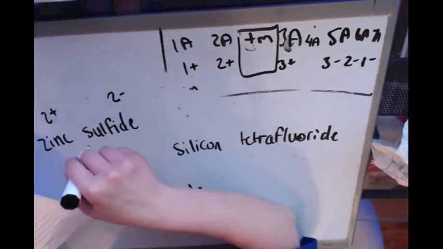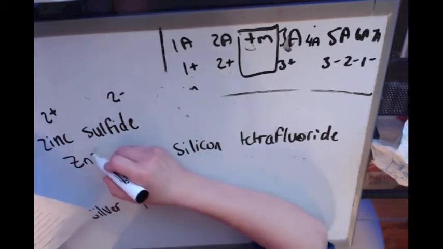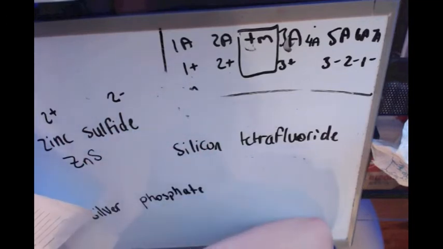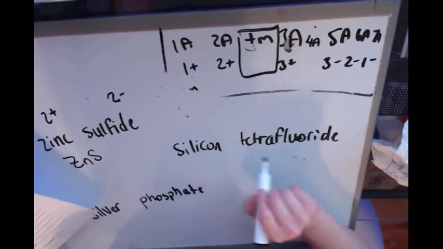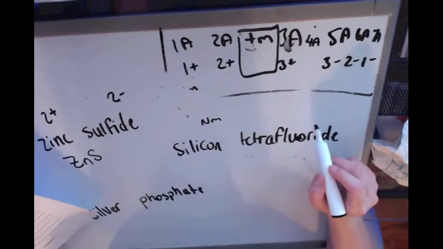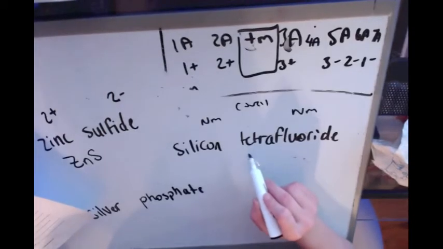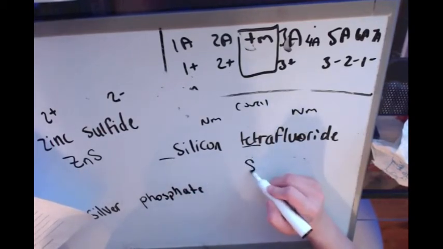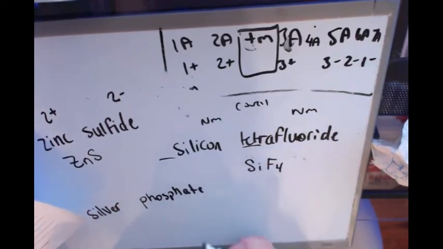So this would simply be ZnS. 2 plus, 2 minus. It works. And then silicon tetrafluoride. Silicon is a nonmetal. Fluorine is a nonmetal. So you have a covalent compound, which is when you have the prefixes. There's no prefix here, so you simply write silicon fluoride. There's tetra, so you write 4.